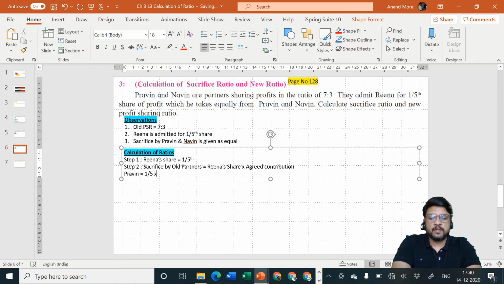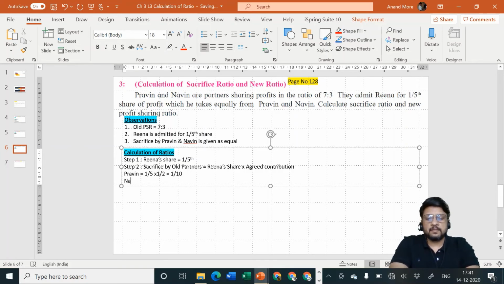So 1/5 into half. That goes to 1/10. Naveen is equal to 1/5 into half. That goes to again 1/10. So we know the sacrifice now. What is the sacrifice? 1/10 and 1/10.